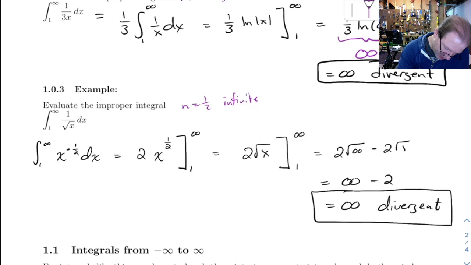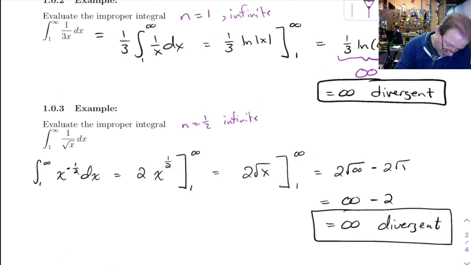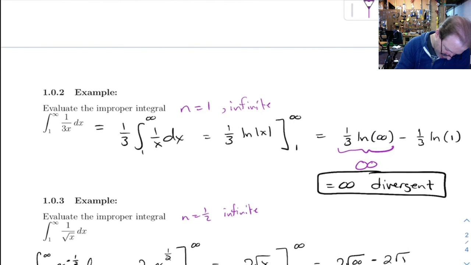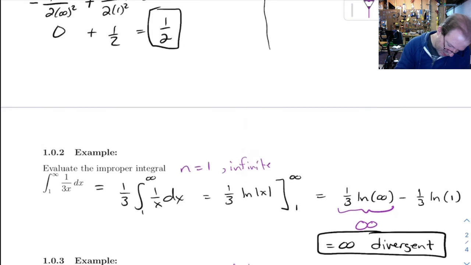And notice what's happening. It became infinite because the x, the thing that's going to infinity, in this case moved up to the numerator. So we've got the numerator going to infinity, and that makes it infinite. Same thing happened here. The x moved to the numerator inside of a natural log.